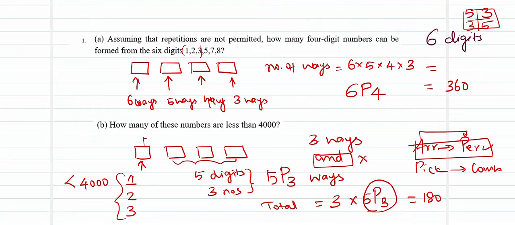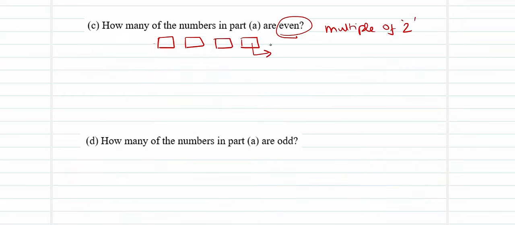Out of the given elements, 2 is a multiple of 2, 8 is a multiple of 2. So I can fill the last digit with either 2 or 8. So there are totally 2 ways in which I can fill the last element.